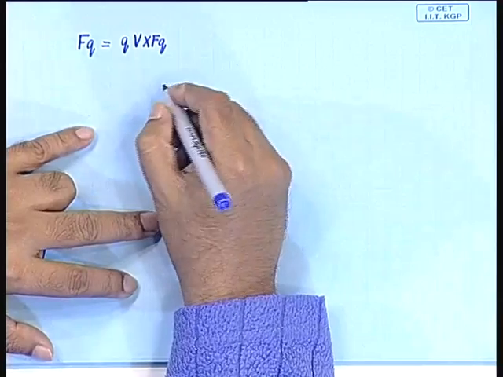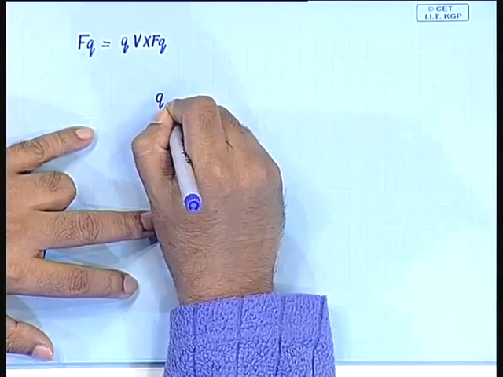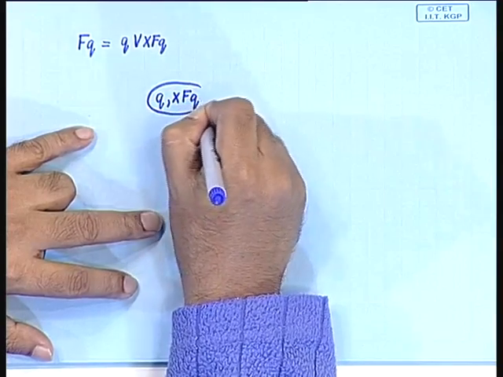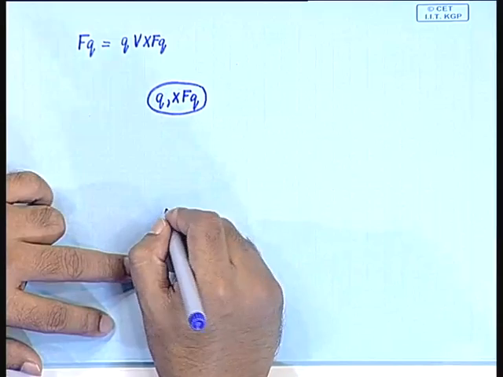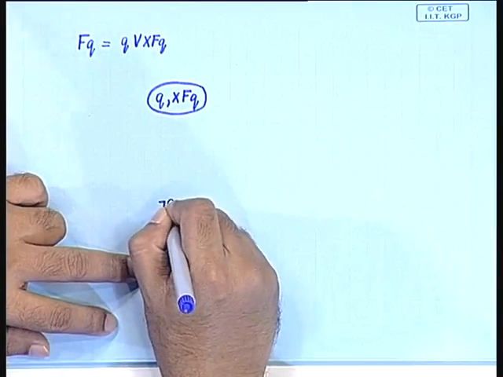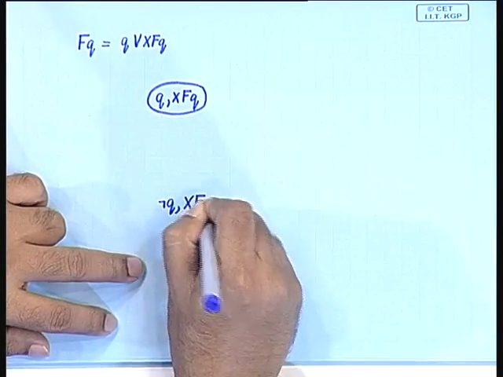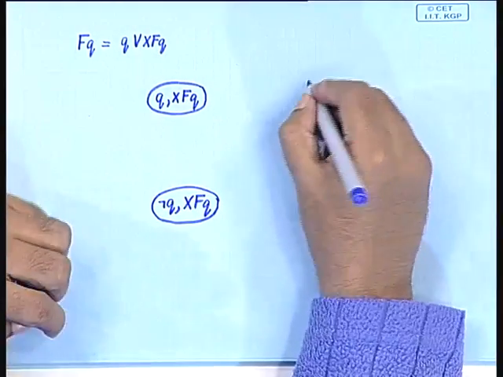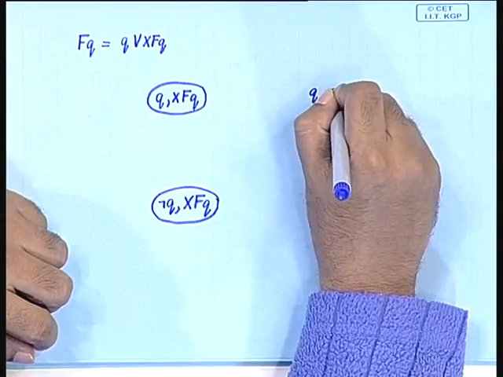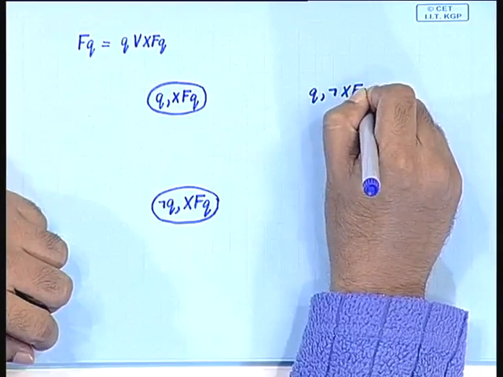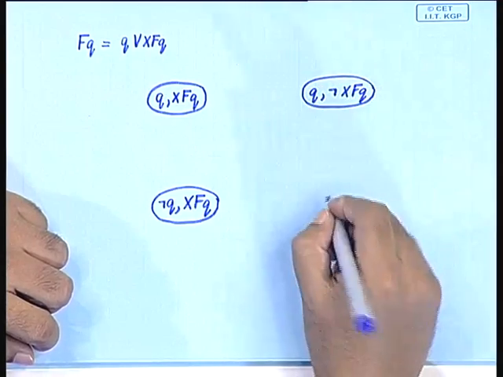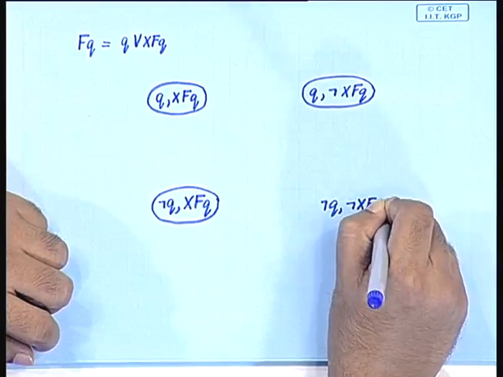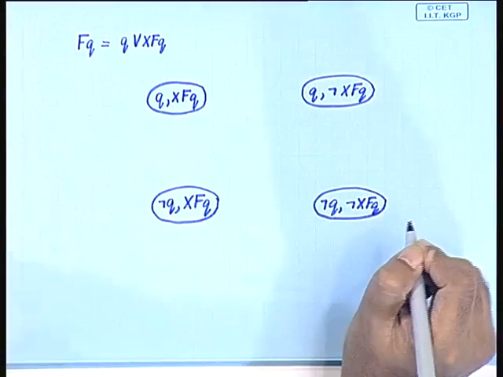Which were those 4 states? We had Q, X F Q as one state, not Q, X F Q as another state, then Q, not X F Q as one state, and not Q and not X F Q as another state.